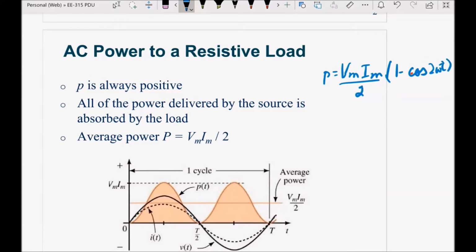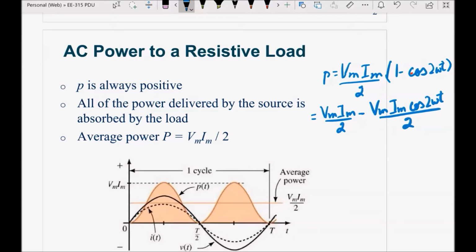Okay, so this was the instantaneous power. If I segregate it into two parts, that can be written as Vm Im by 2 minus Vm Im cos 2 omega t by 2.